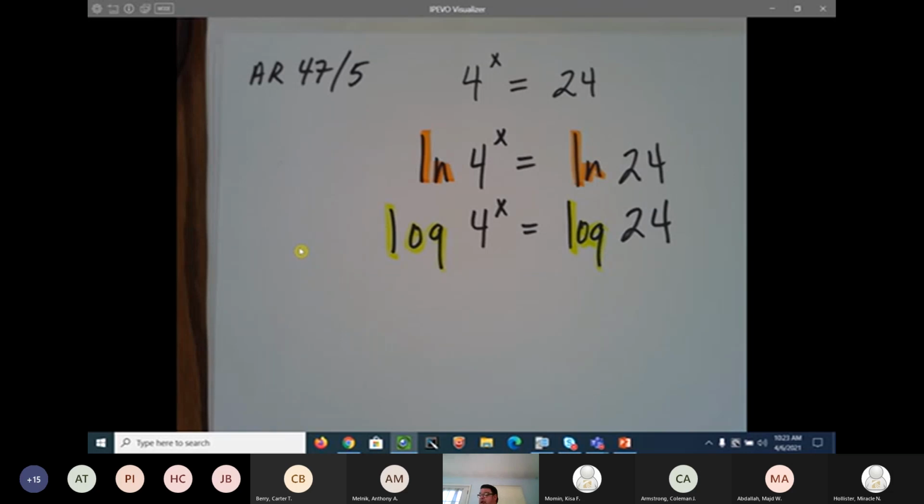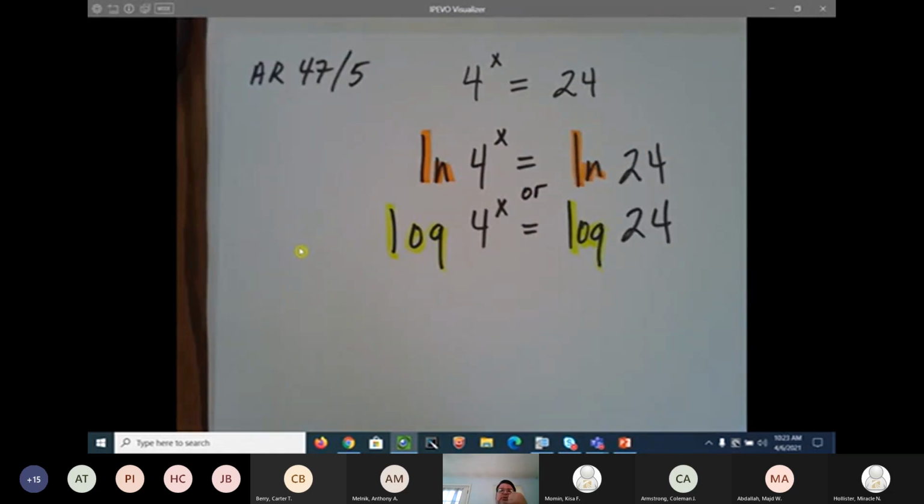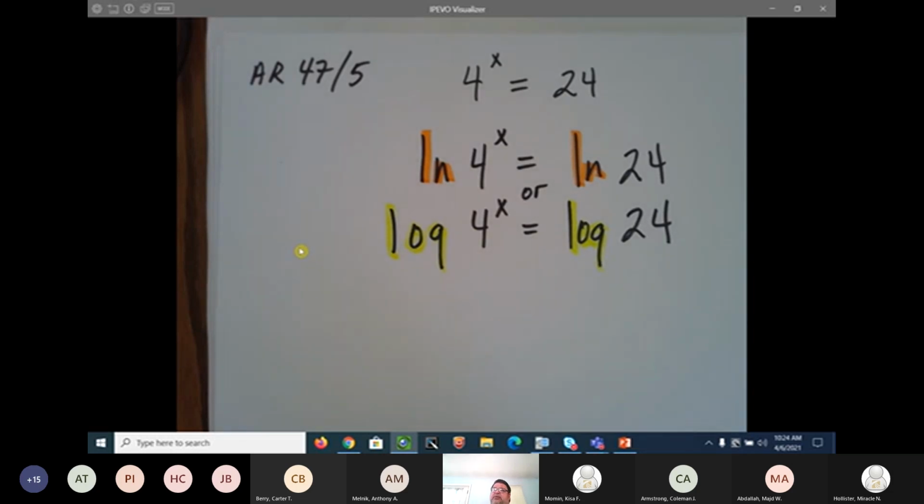Now, what does that open up? When I do that, somebody tell me what law of logarithms does that open up? There's only like 4 laws or properties of logarithms. What property does it open up? You can take the log of 24 in your calculator, but no, that's not it. It doesn't have anything to do with log of 24.